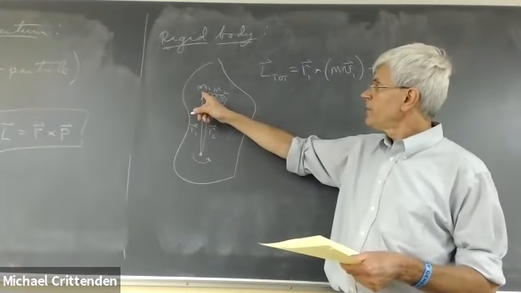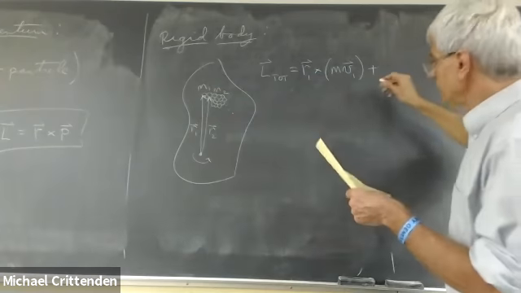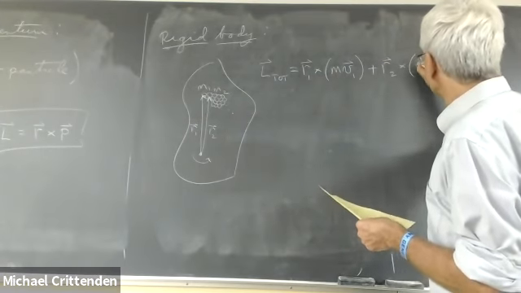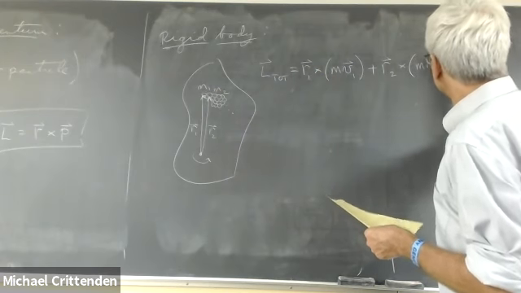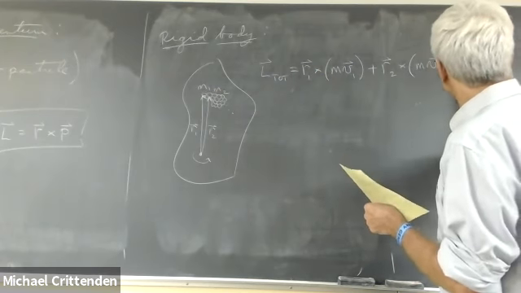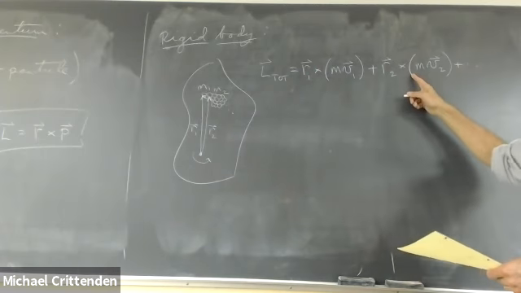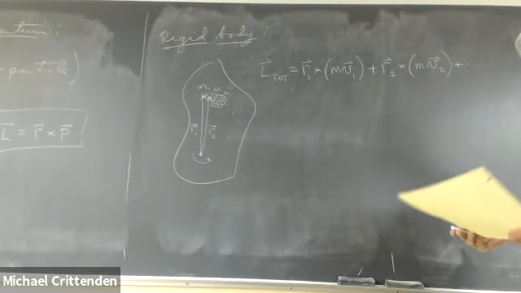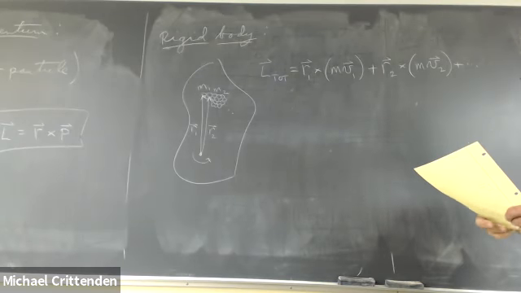That's the angular momentum of that little piece. Plus r2 cross p2. That is the angular momentum of the next little piece. And there are a lot of other terms that I don't feel like writing down.